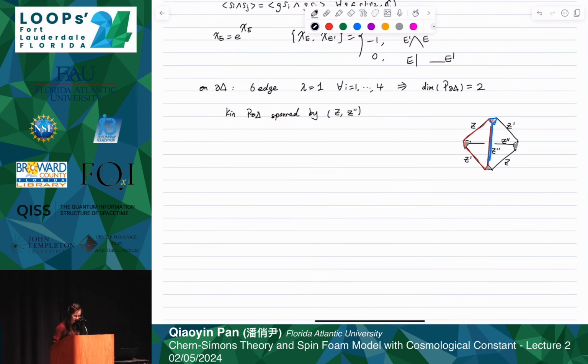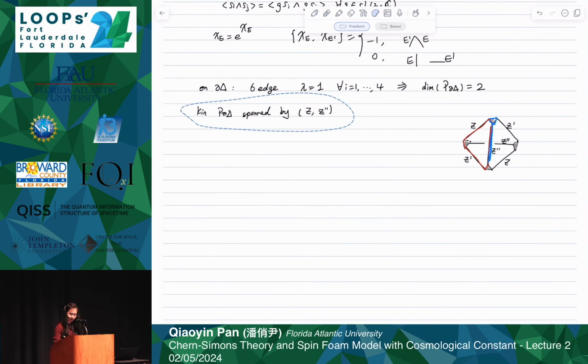And then, using z and z double prime, because they are phase space coordinates, I can use them to write out the symplectic form. And the symplectic form is dz double prime over z double prime, wedge dz over z.